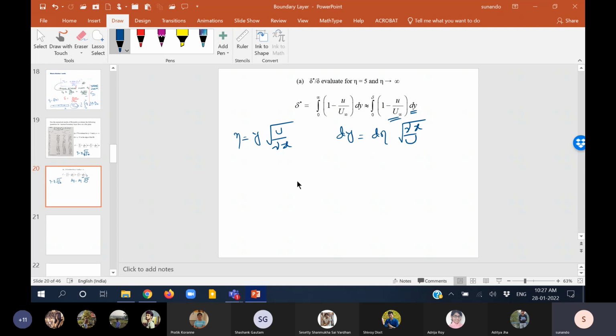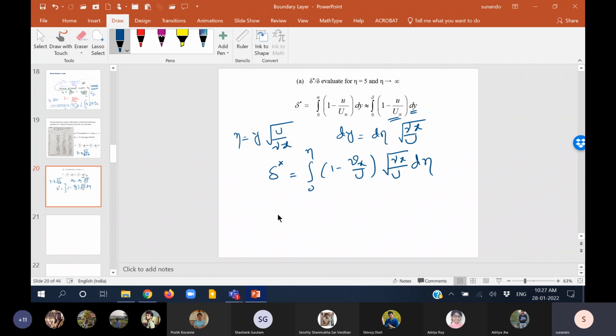And delta star in the formula that we have is going to be the integral from 0 to eta of 1 minus u by u infinity, and d eta. This is what we should get.